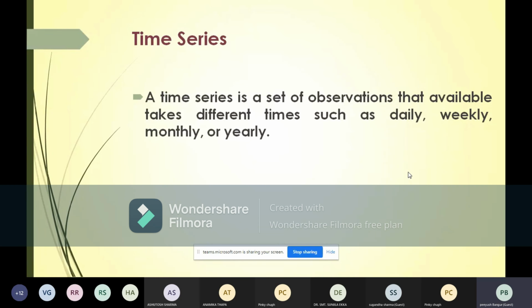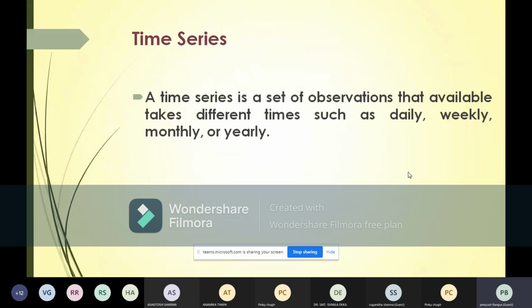On a daily basis, daily data is very easily available in the market, but high frequency data like second data and millisecond data is not very easily available. When it comes to time series, there should be a fixed difference between observations.